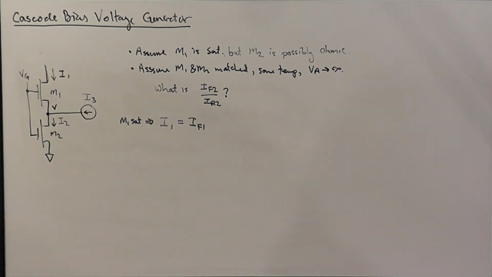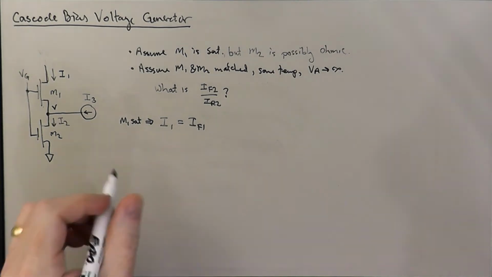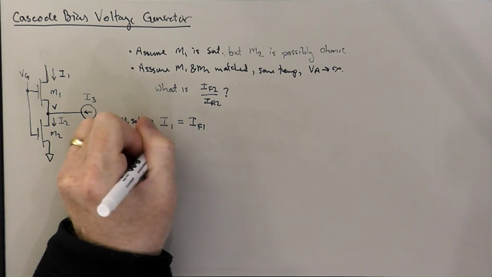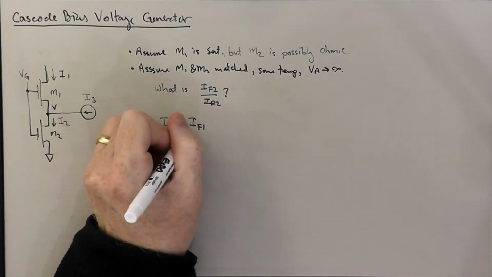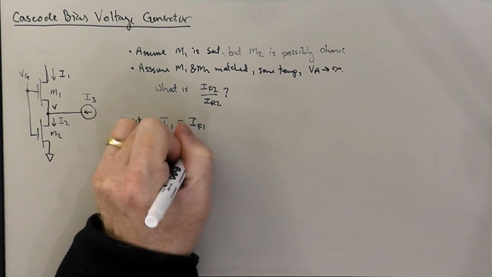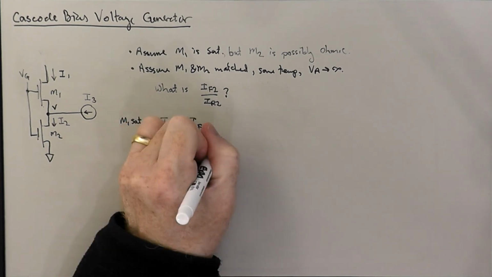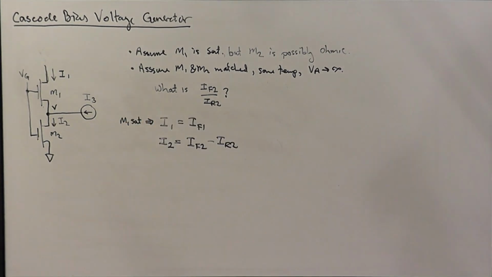Now, we also know that I2 is equal to IF2 minus IR2. That's just saying that we can decompose the channel current in M2 in general into the difference between a forward current component and a reverse current component.